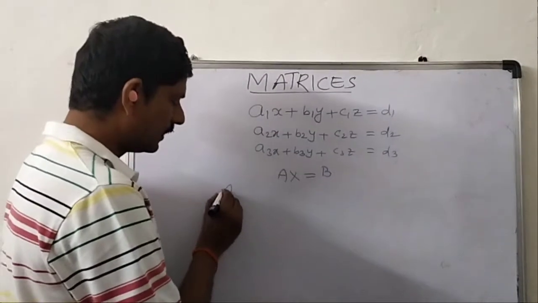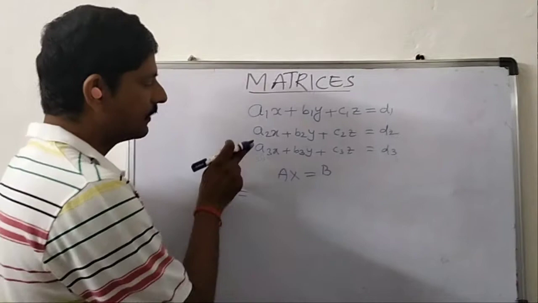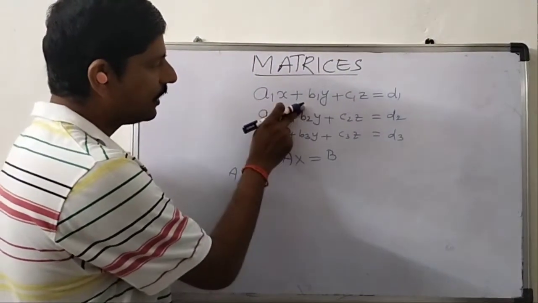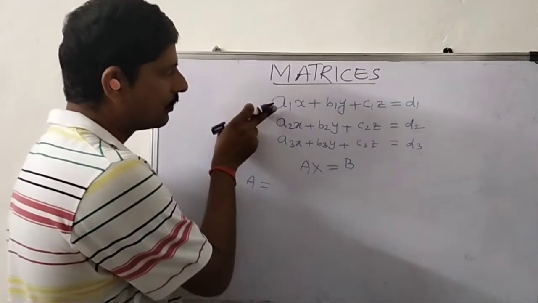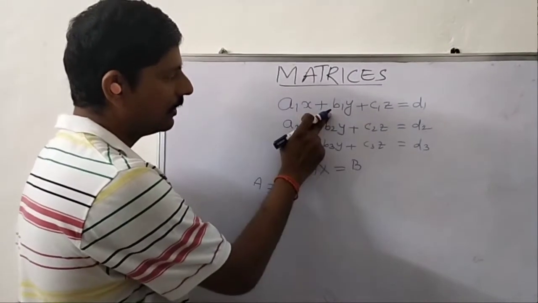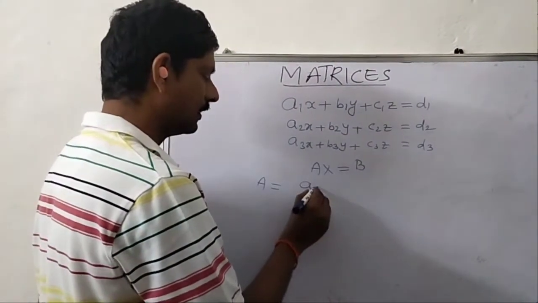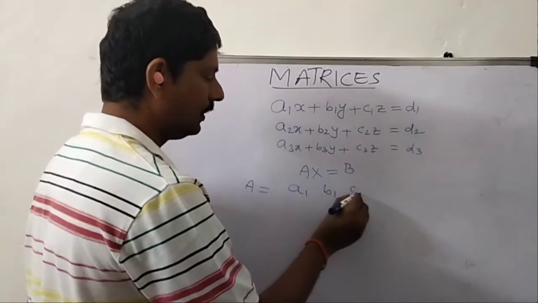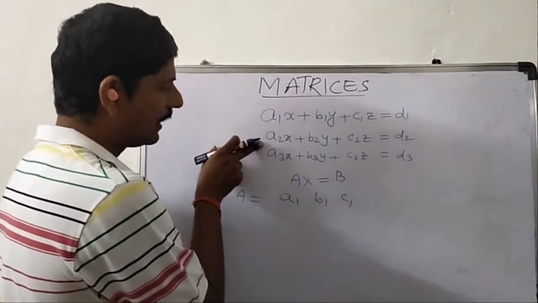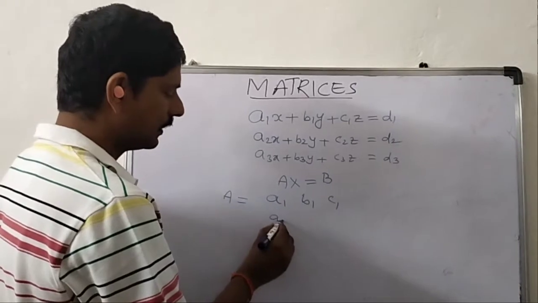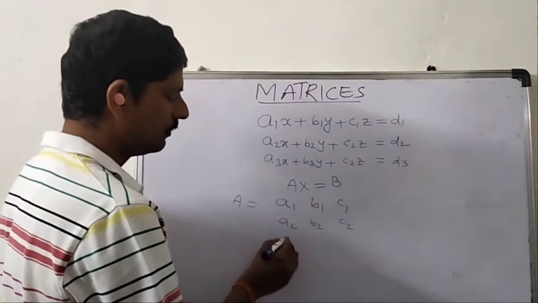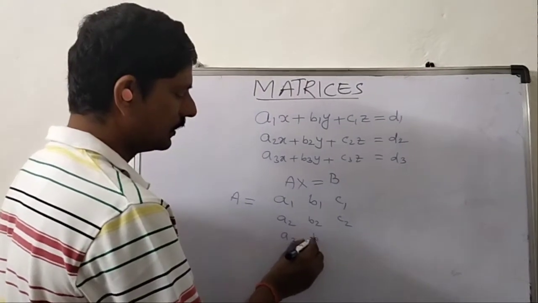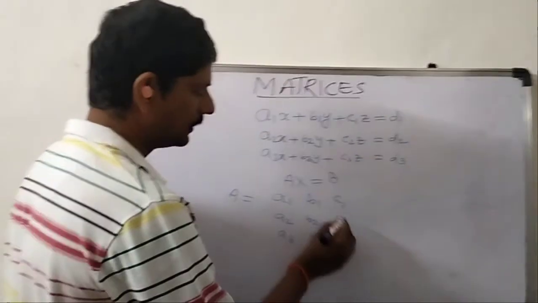So here A can be written as the coefficients of the equations in the LHS side. What are the coefficients of the x term here? a1, b1, c1. And the second row can be written as a2, b2, c2. Third row a3, b3, c3.